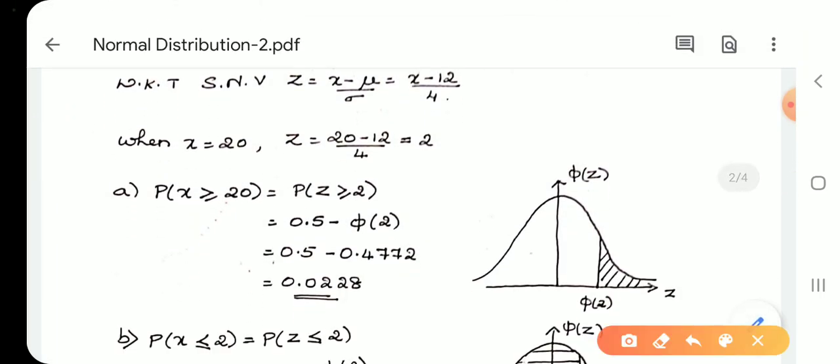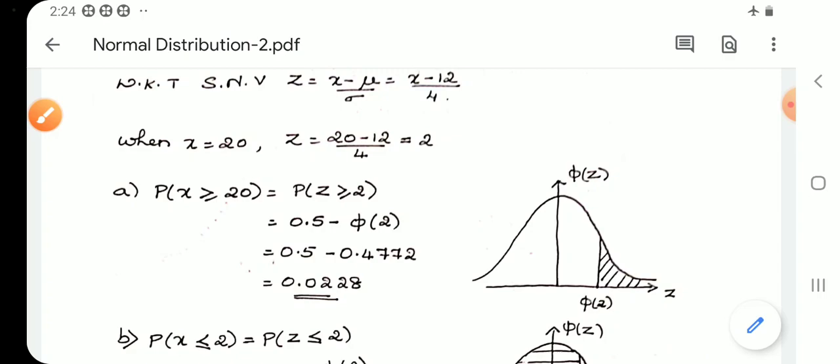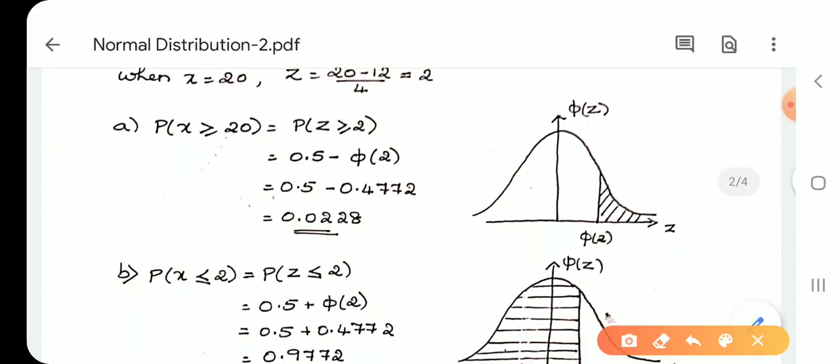So let us take the first one. P of x greater than or equal to 20 can be written in terms of z as P of z greater than or equal to 2. If I mark this on the bell curve, we get a bell curve like this, and we have to now find the area, that is this shaded portion, P of z greater than or equal to 2.